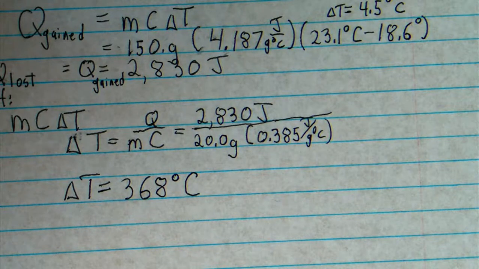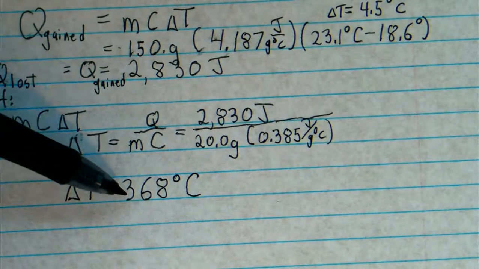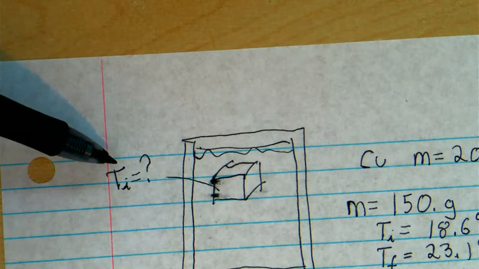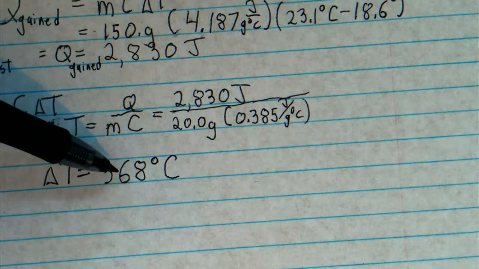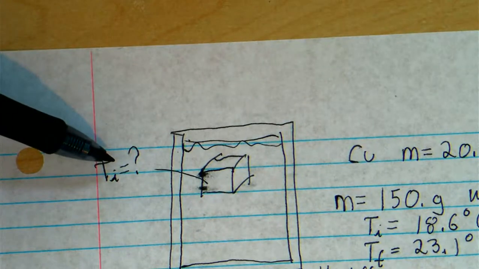We're not done. We're not trying to calculate delta T. We're trying to find the initial temperature. This is the change in temperature, and I'm asking you what was the initial temperature of that copper cube when it was on the hot plate.